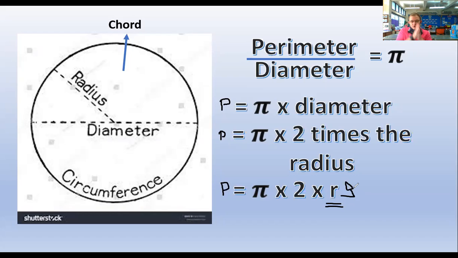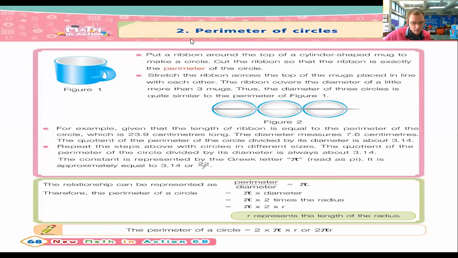Okay, so we need to do a little bit of practice, because practice makes perfect. Over here, they quickly explain the relationship between the circumference and the diameter. Let's quickly read and see what they are trying to explain.